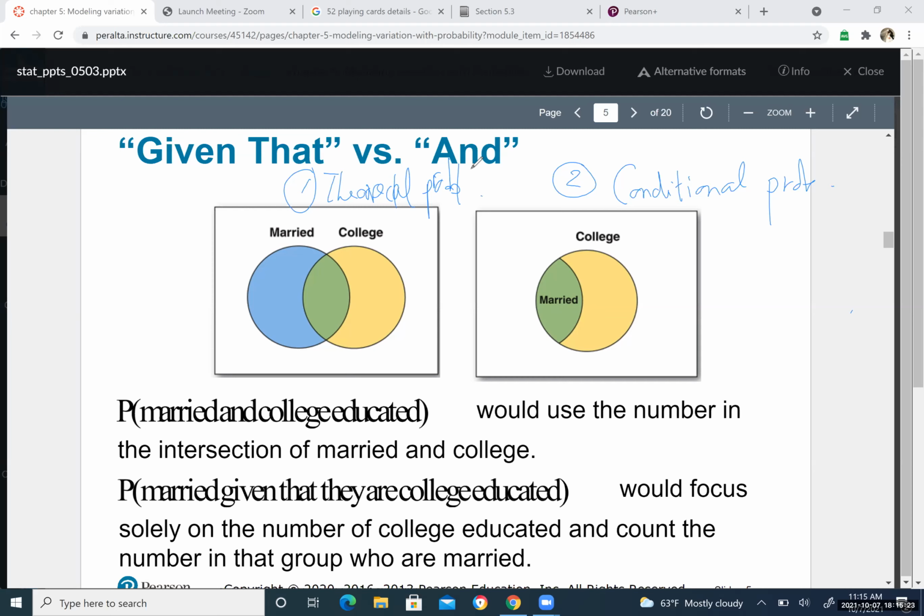What does it mean? The first picture is saying that the blue color represents people who are married, and the yellow represents all college level, right? They have joined only this part. And what is the word that you learned in 5.2 for that intersection? Anyone remember?